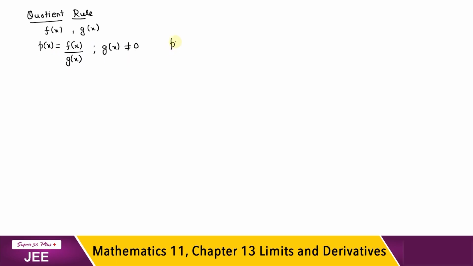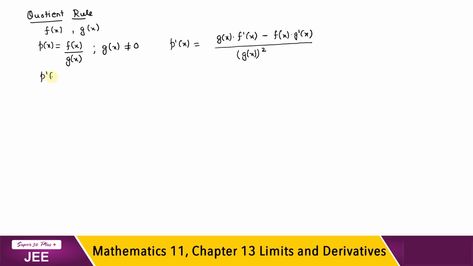The quotient rule says that p dash x will be given by g of x square in the denominator and then g of x into f dash x minus f of x into g dash x. So we are going to prove it.